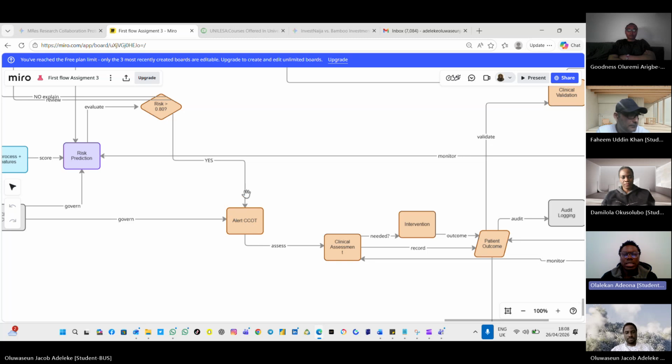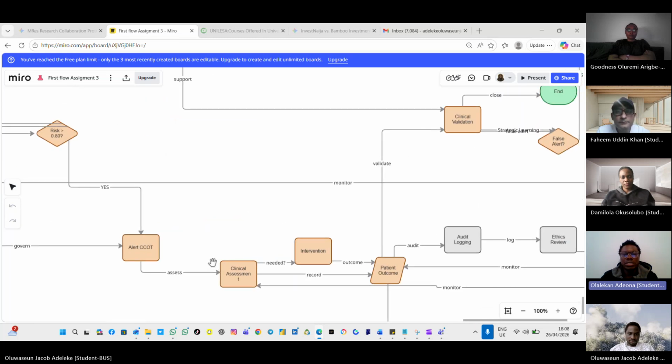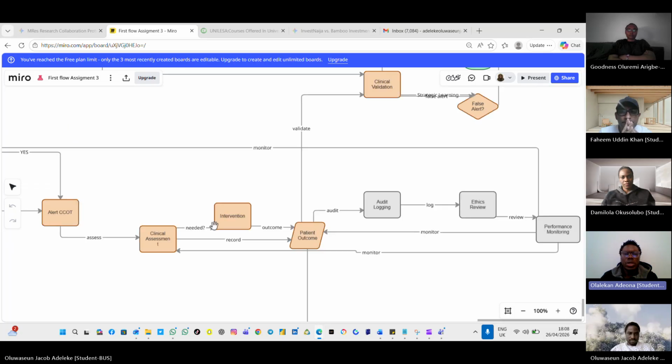After the alert, the clinician steps in to carry out the clinical assessment. This is the most important stage, where the clinician checks the patient physically, reviews their history, and decides whether the risk flagged by the AI is accurate. This prevents false alarms from turning into unnecessary treatment.